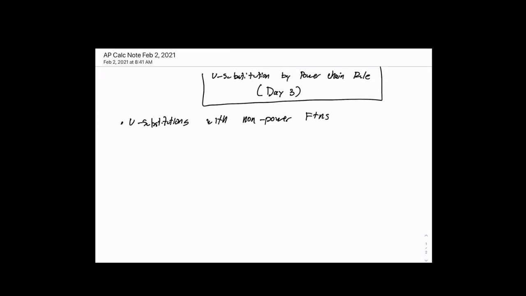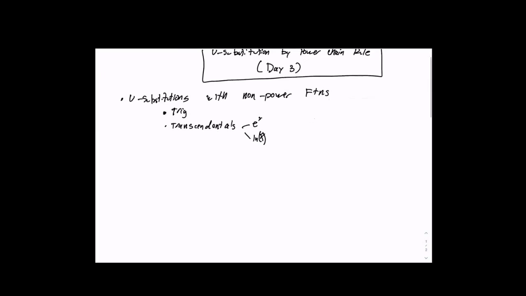And what I mean by non-power functions is that we're going to have trig as well as transcendentals. And by transcendentals, I'm referring to e to the x or natural log of x type of functions.